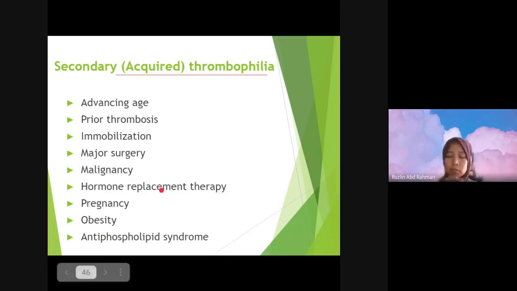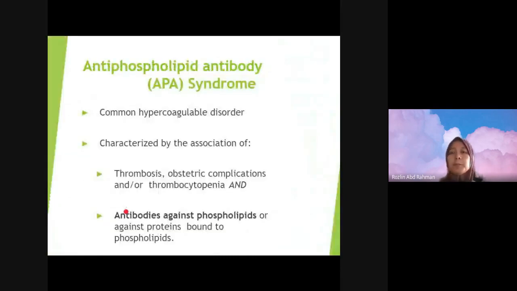Okay, so dia menyebabkan patient prone to get blood clot. Okay, and some other causes like pregnancy, obesity, antiphospholipid syndrome. So thrombosis during pregnancy can be because when you are pregnant, there's a risk of procoagulant state. Okay, you also have venous stasis. Okay, so these can lead to thrombosis, thrombophilia.